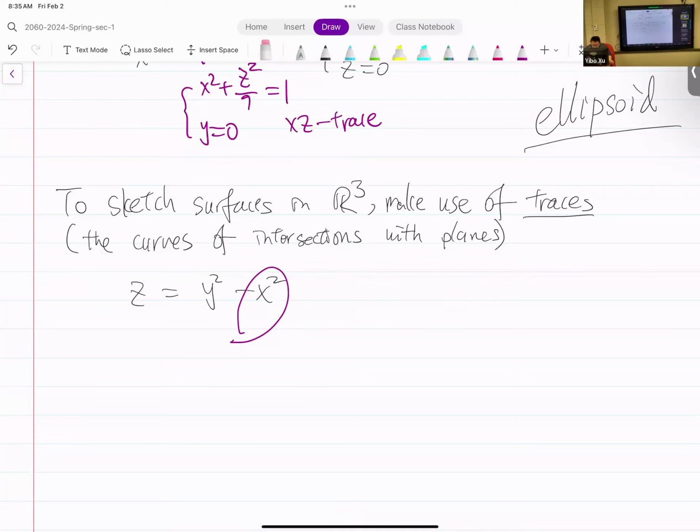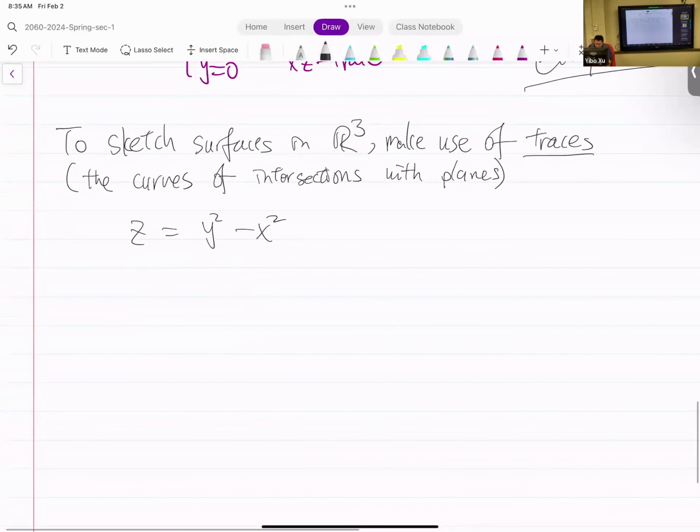But if you make y a constant, you have a parabola opening downwards in the xz space. And if you think about making z a constant, you see this is a hyperbola. That's actually pretty interesting.